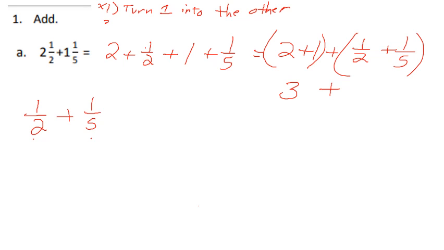Now the second strategy would be find the least common multiple. And what that means, if I list them up here, 2 and 5, and I skip count, going 5, 10, I can see that 2 is a factor of 10, because that'd be 4, 6, 8, and 10. So 10 would be our least common multiple.